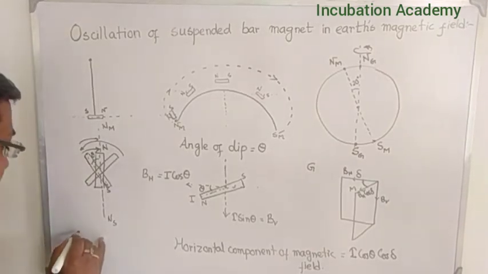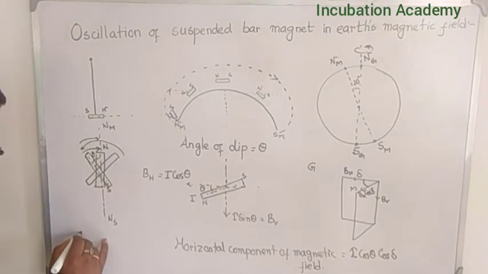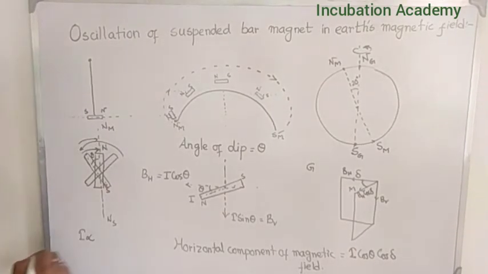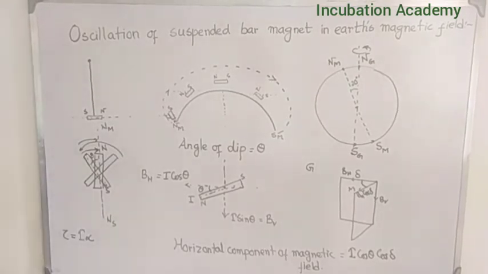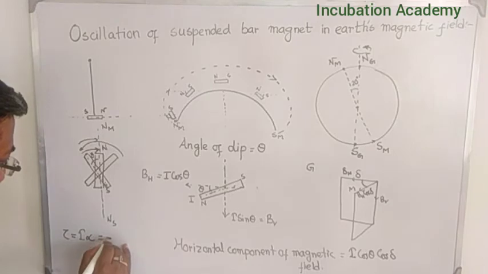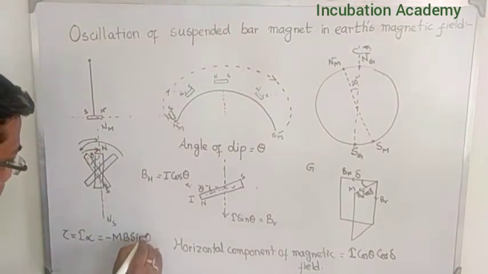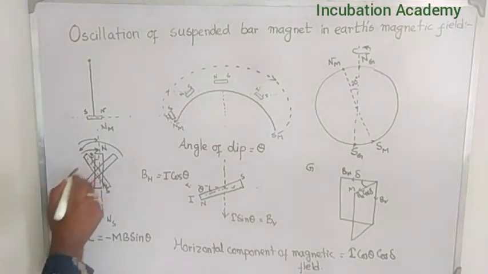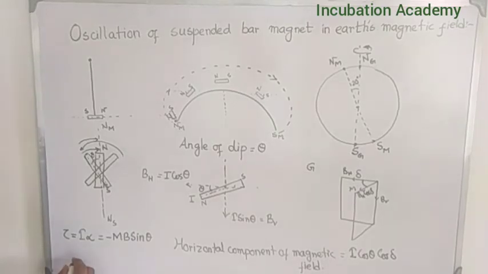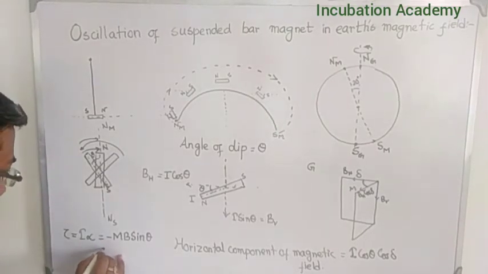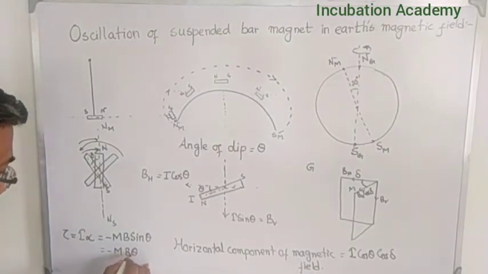So the oscillation of this magnet can be denoted by I alpha, which is the torque, that is equal to mB sin theta. Since this theta is very small, I can consider this as minus mB theta.